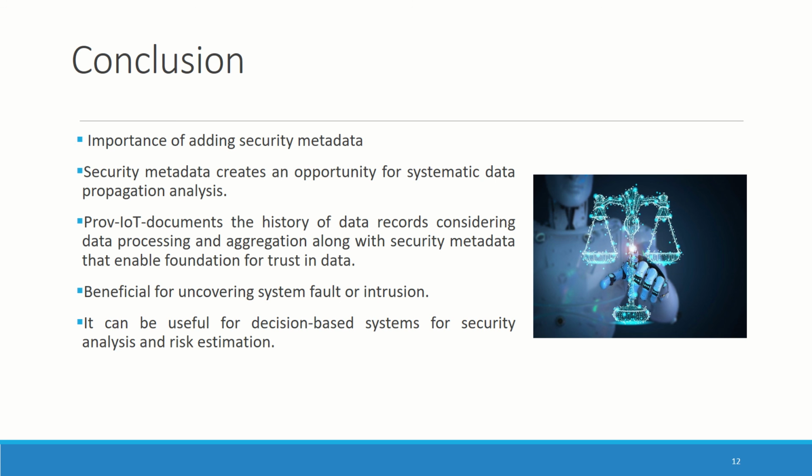Prov-IoT documents the history of data records, considering data processing and aggregation along with security metadata that enable the foundation for trust in data. This should be beneficial for uncovering any kind of system fault or intrusion, and it should also be useful for decision-based systems for security analysis and risk estimation.